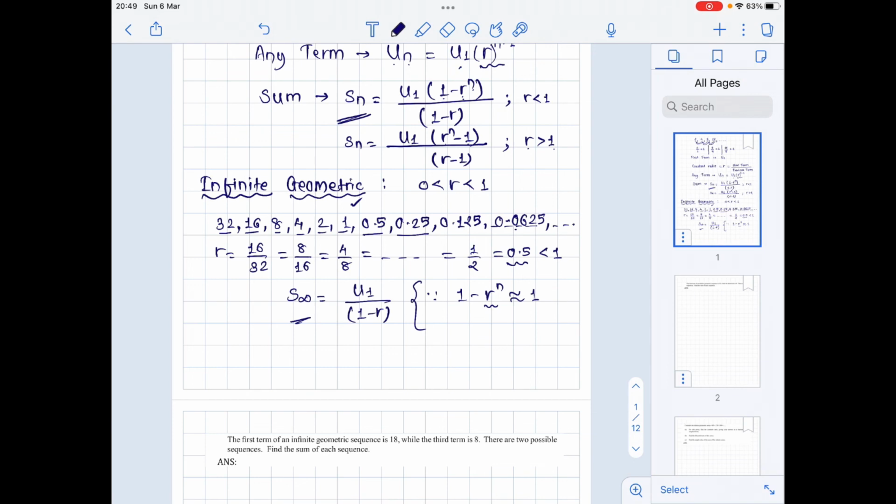And if you increase the power, say 100, 200, 1000 or something, then r raised to n becomes 0, which is why 1 minus 0 is basically 1. So that is why the S infinity formula is u1 over 1 minus r.